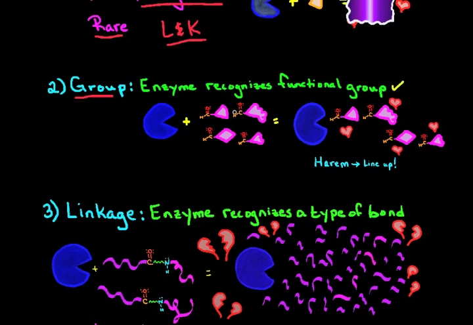So in this case, I've shown the substrates as all being different in their detail and in their shape, and yet they all contain an aldehyde group. And that aldehyde group is all the enzyme needs to be able to bind it and work on it. So this enzyme displays group specificity. Now, it doesn't have to be an aldehyde group.